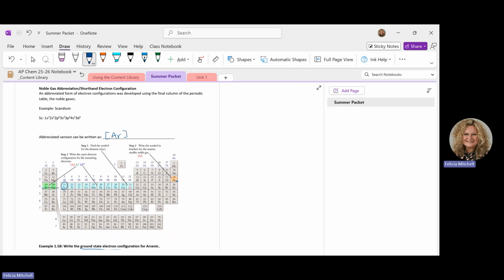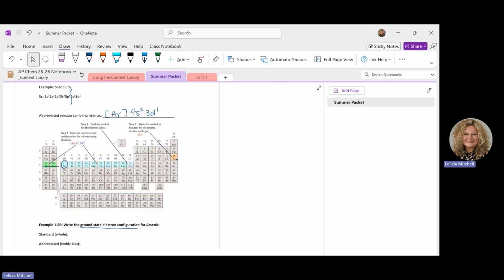So that would be argon. And then you just finish writing out the rest that comes after argon: 4s2, 3d1. Now, I will tell you, all noble gases end in a p6. So if you're like, oh, I can't figure out what I write after I write the argon in brackets, you just go up here and write whatever comes after the p6.